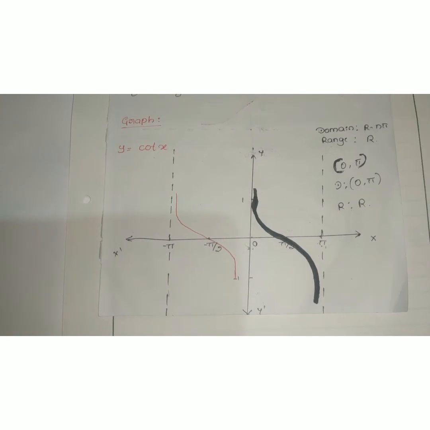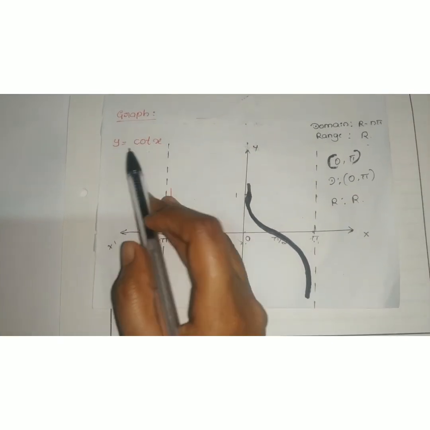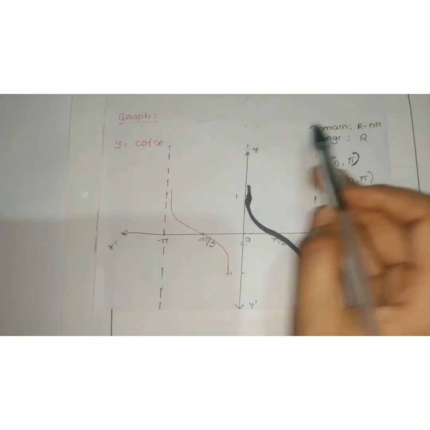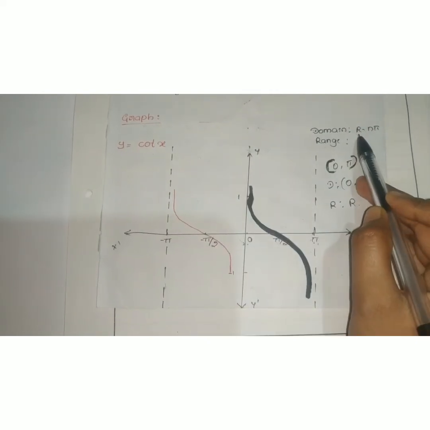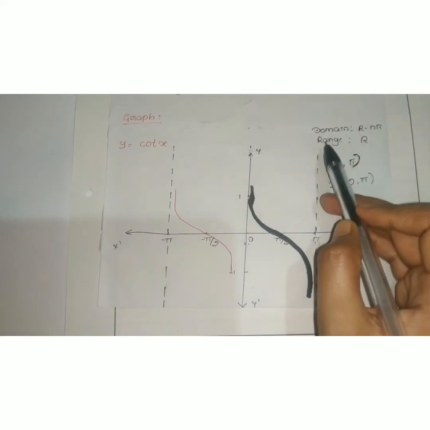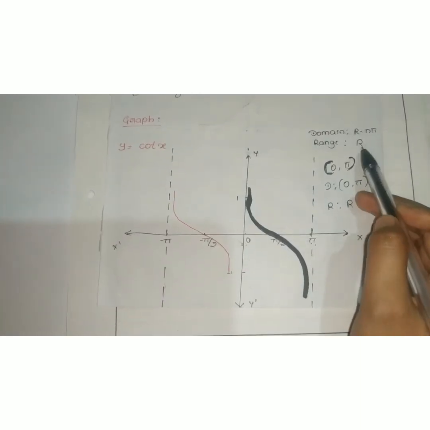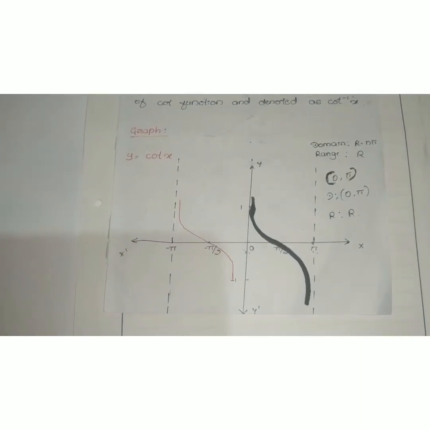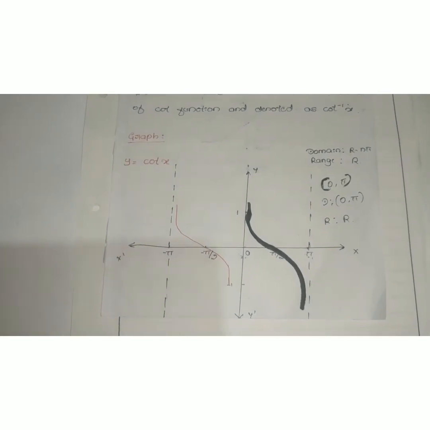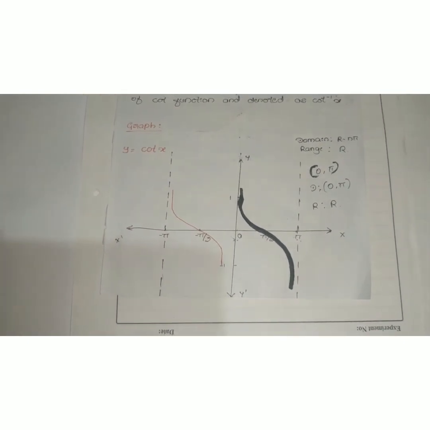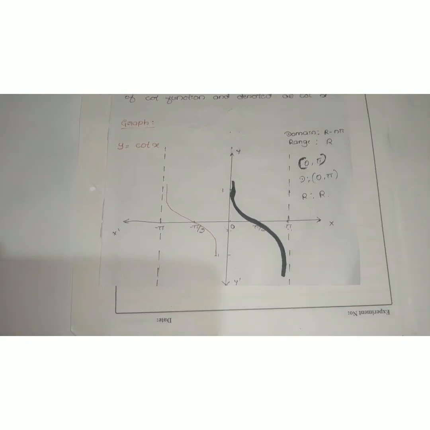Okay, now we will discuss the inverse of the cot function. See here y is equal to cot x. The domain of the cot function is all real numbers except n pi, and the range of the cot function is all real numbers.